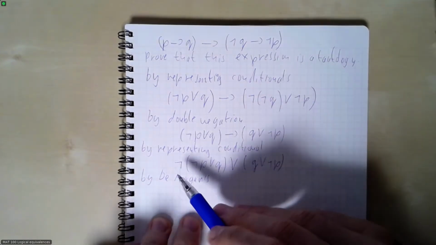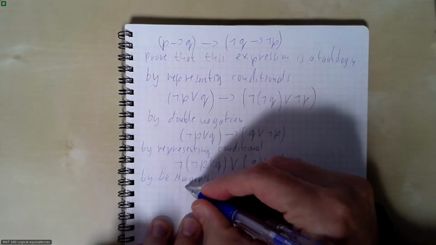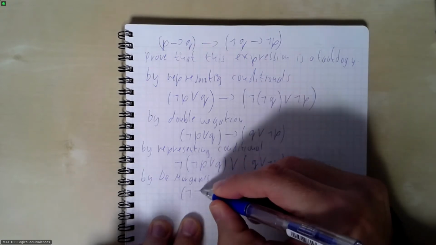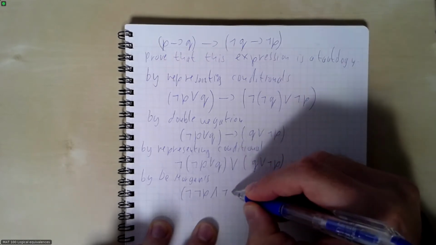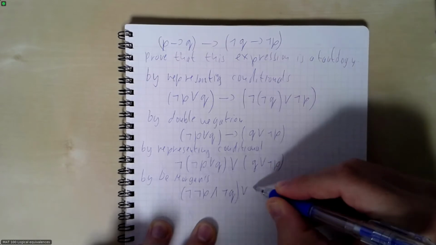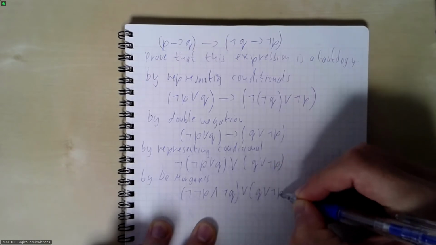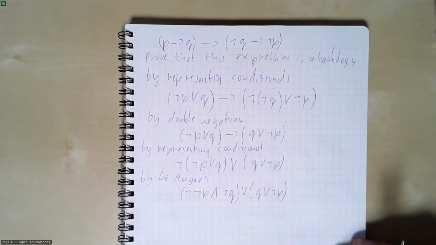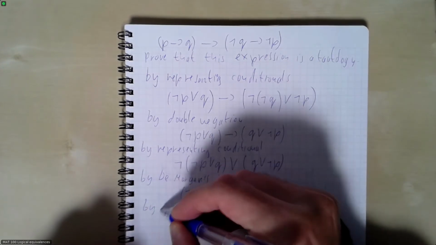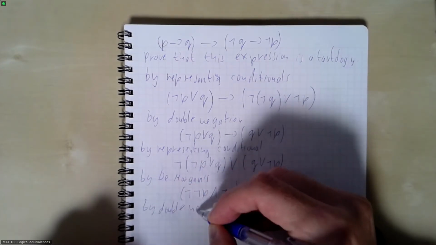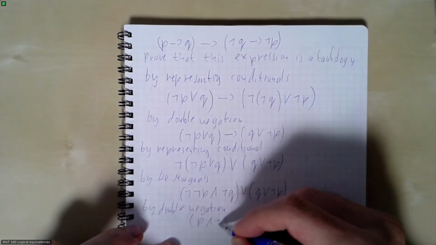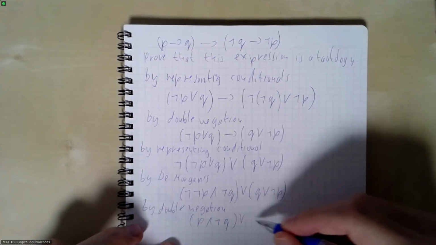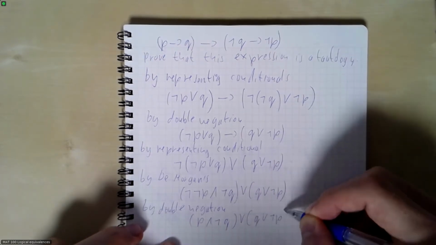So that will be, well, the negation goes inside, so it's not not P. That turns around, and not Q or Q or not P. Okay, well, again, by double negation, I have P and not Q, or Q or not P.